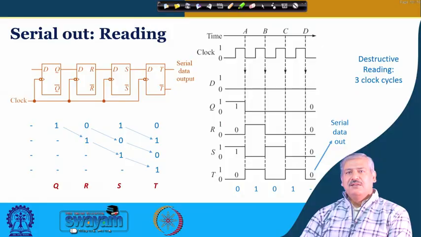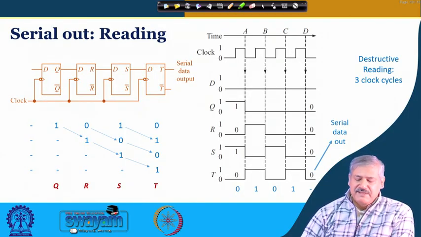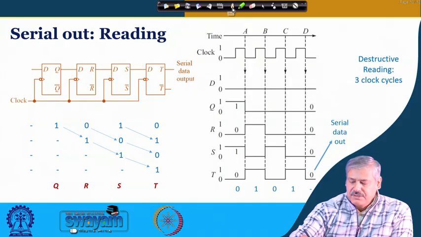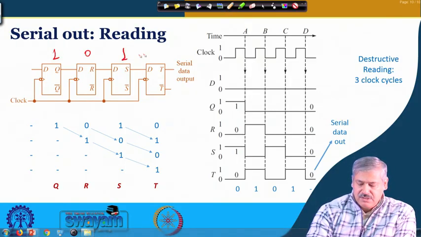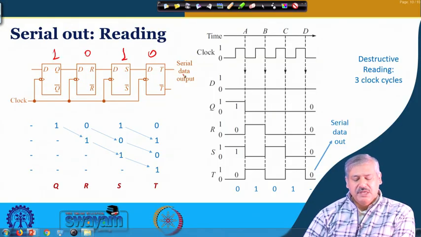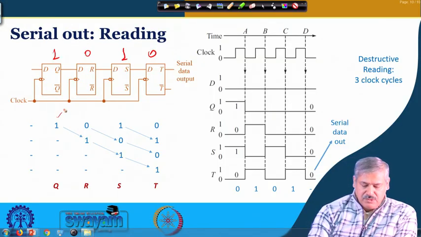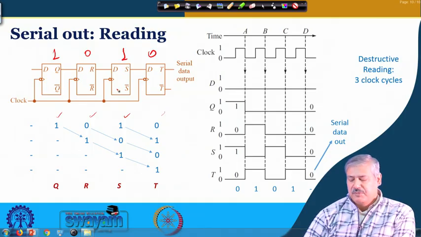So, now we look at reading of it. Okay. So, we considered that initially it has been stored with 1, 0, 1, 0, and this is the serial data out. Okay. So, 1, 0, 1, 0, this is with which the flip flop is occupied.